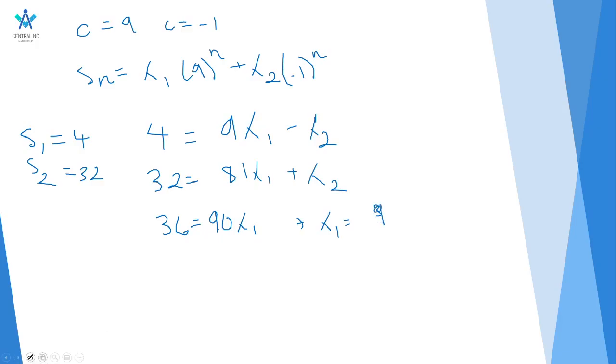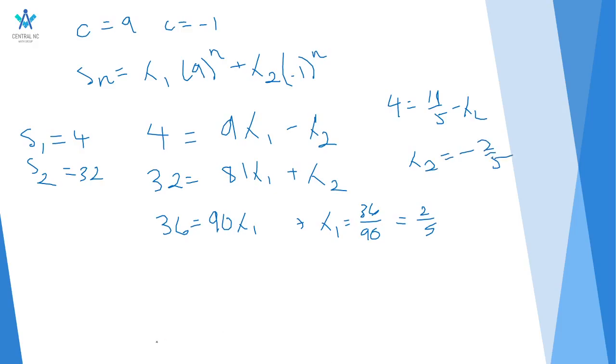Oh wait, I messed up. Lambda 1 is equal to 36 over 90. And if you divide by 18, you get 2/5. So substituting that back in, we get 4 is equal to 18/5 minus lambda 2. Rearranging this on both sides, you get lambda 2 is equal to -2/5.